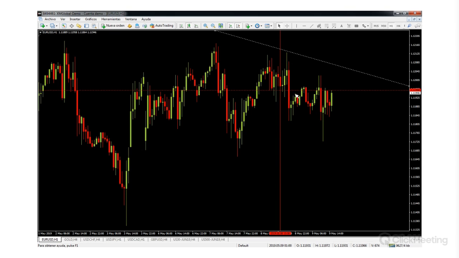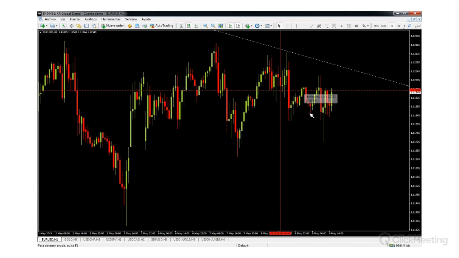So I put on a sell stop right here, and we got filled with this big bearish candle.